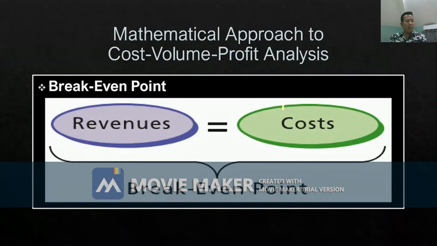The break-even point is the level of operation at which a company's revenues and expenses are equal, so the company reports neither income nor a loss from operations. So equal yung revenues natin, yung kita natin, doon sa gastos natin. So walang profit.